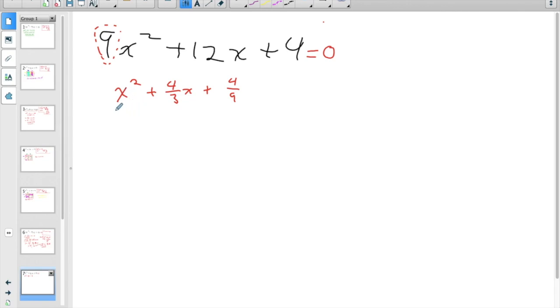Okay, so we are going to alter the first two expressions, and we're going to do that by taking half of our 4/3. Half of 4/3 is 2/3.